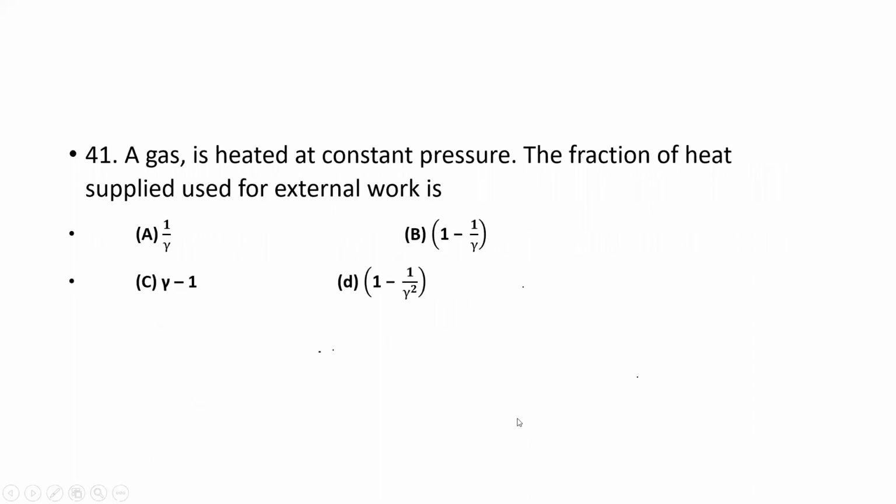Next question. A gas is heated at constant pressure. The fraction of heat supplied used for external work is. So how can we do this? Here they have given that a gas is heated at constant pressure.